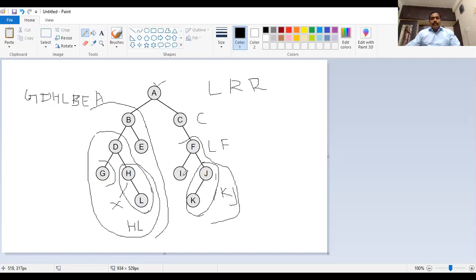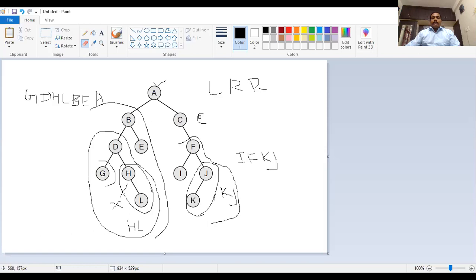The left child is I, then the root is F, then the right child is K, J, because we are using the in-order technique. So for this entire portion we are getting the answer I, F, K, J.